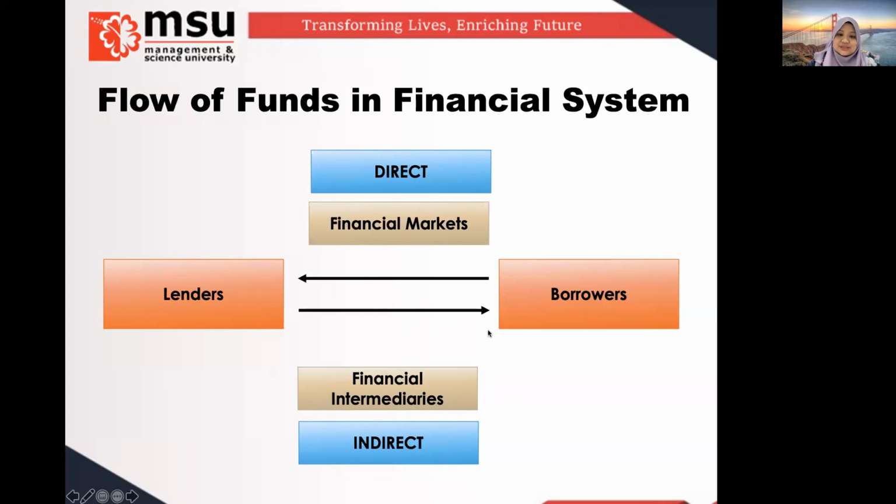They also interact through indirect interactions. So lenders and borrowers will directly interact with each other if both of them meet in financial markets. So they will do the transaction by themselves. So it is a direct transaction.